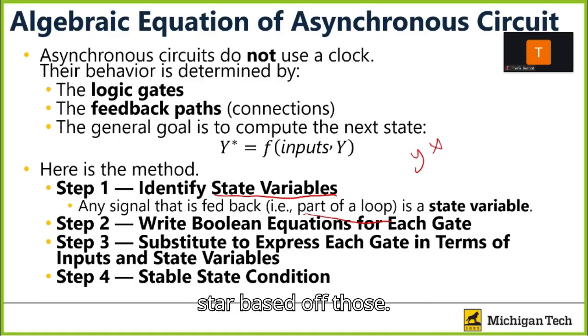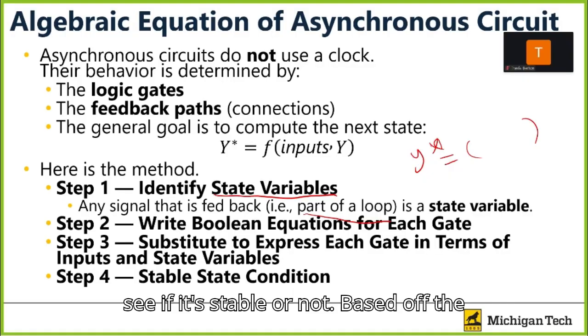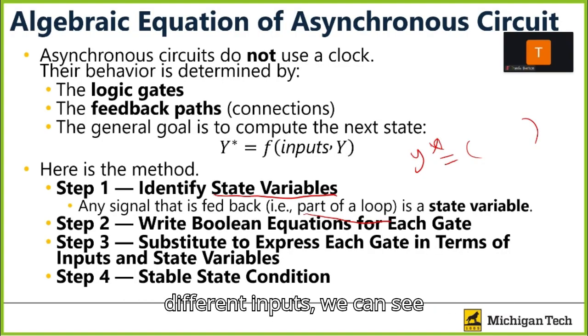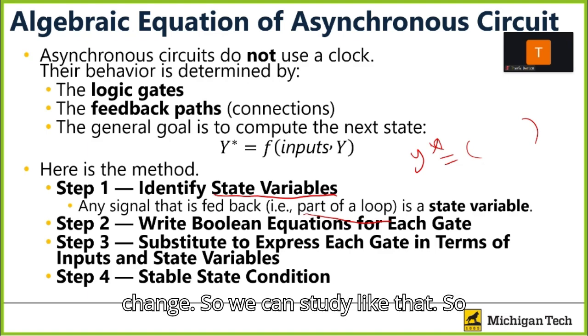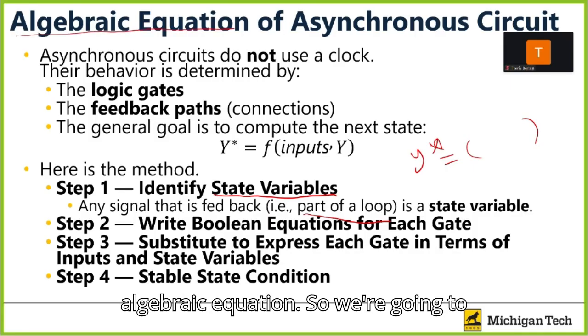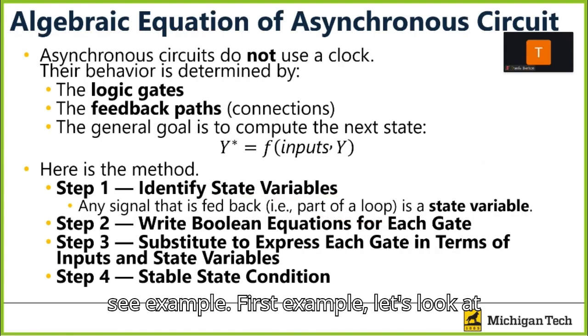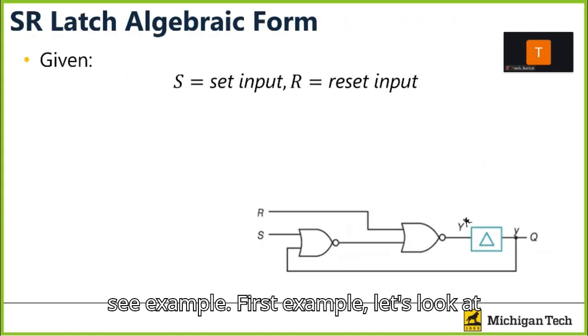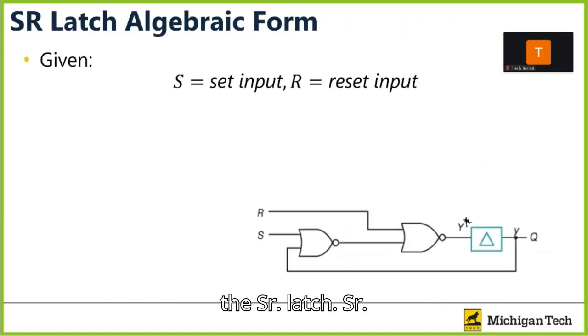Based off that, we start to see if it's stable or not. Based off the different inputs, we can see how the output changes. So normally we have these steps to find the algebraic equation. We're going to see an example. First example, let's look at the SR latch. The SR latch can normally be written like this.